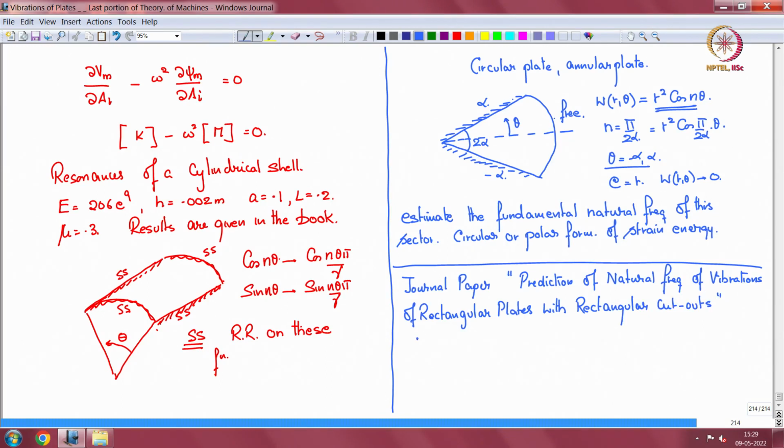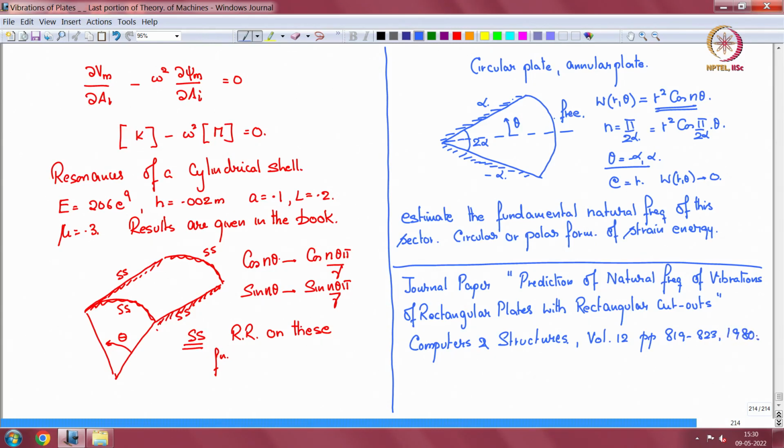It came out in this journal, Computers and Structures, volume 12, 819 to 823, 1980.